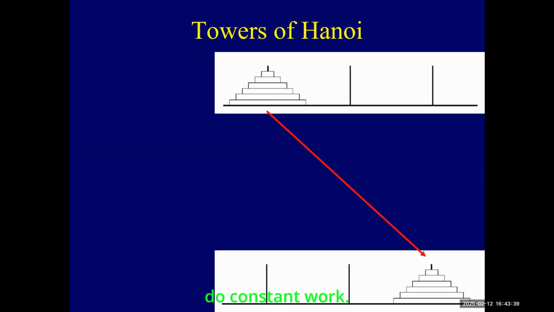But somehow I only do constant work. So then the top layer is n to the 0.